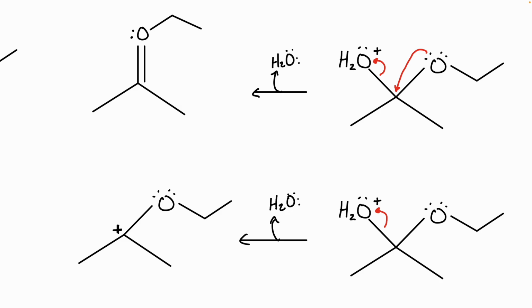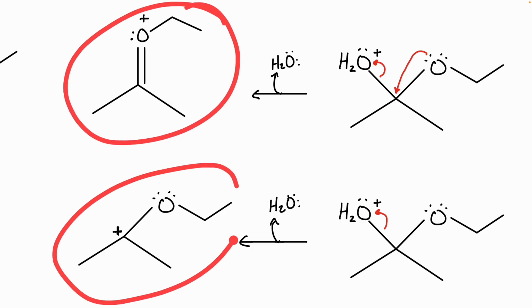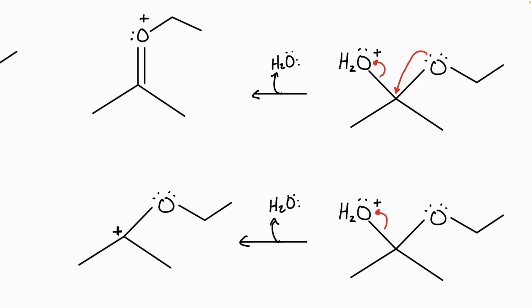My oxygen is going to need what? That positive charge. All right, so these both have accomplished this same goal of kicking off that water leaving group. So check, check.